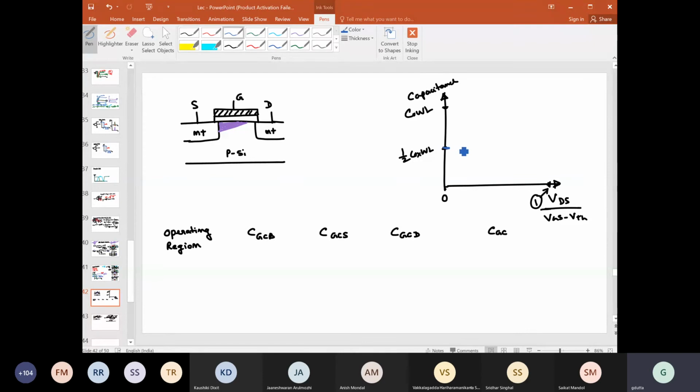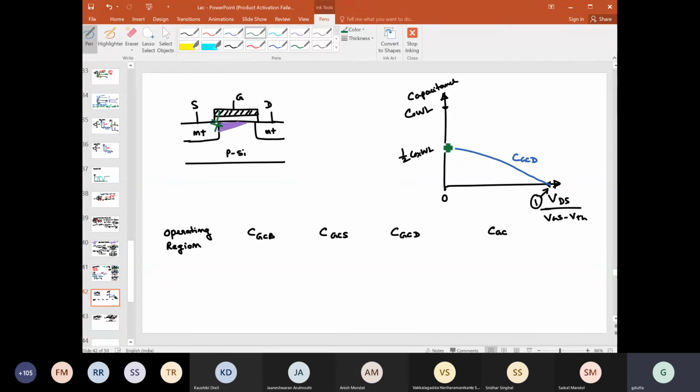But what will happen after that to CGCD? CGCD will gradually fall and come almost to 0 value as we increase this VDS, right? It will keep on falling down. Now what will happen to CGCS? CGCS, on the other hand, you have seen that more and more of the channel capacitance part is coming towards this side, right?